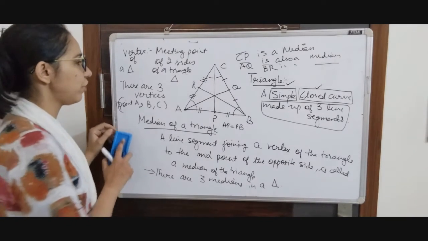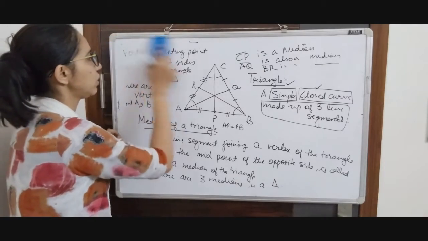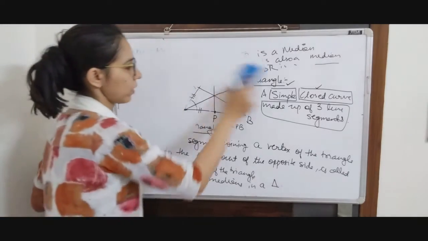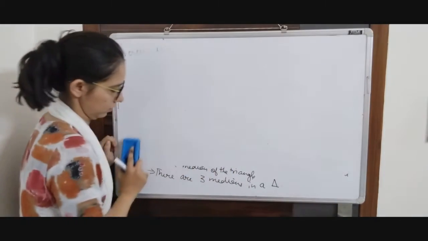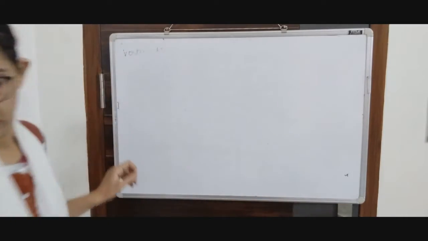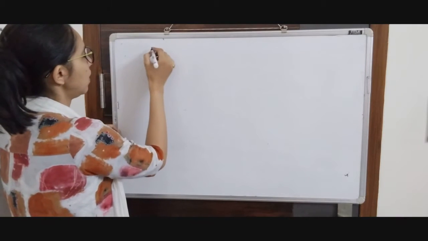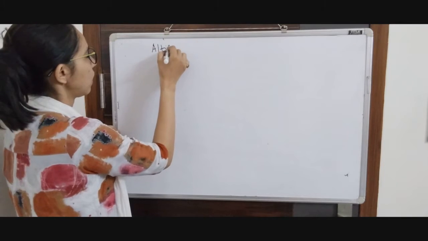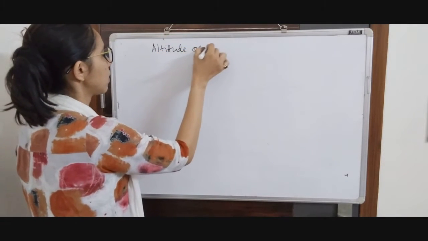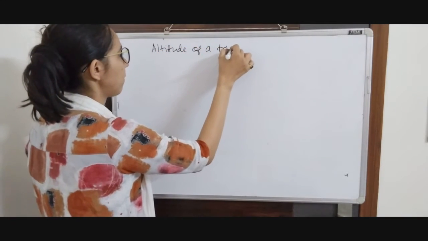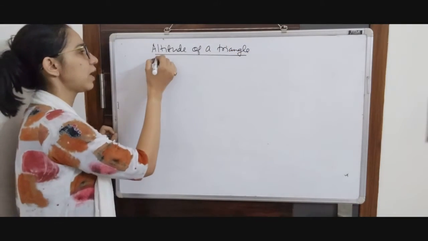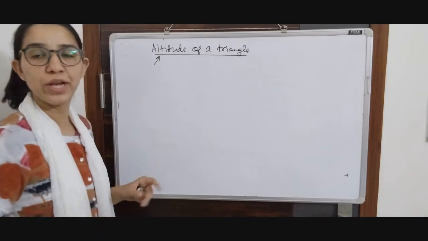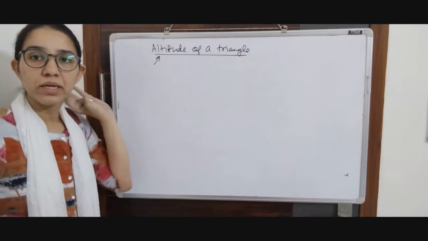Okay. Now next we are going to talk about the altitude of a triangle. I am going to rub all these. Altitude of a triangle. Now you have heard this term altitude before also, like the altitude of any mountain.